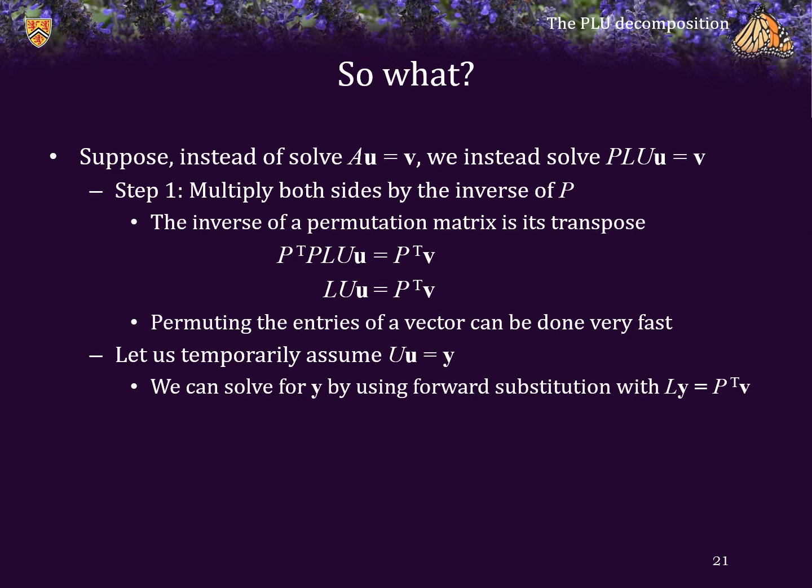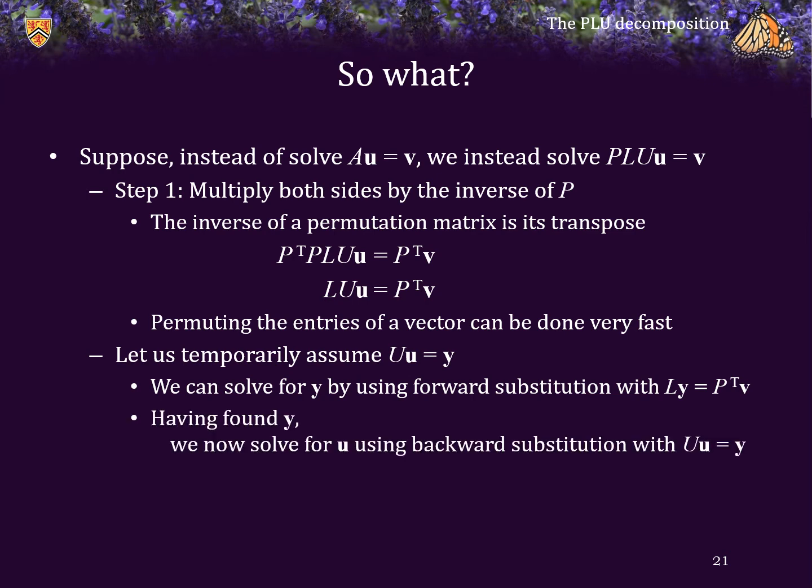Okay, so we found Y. Having found Y, we can now solve for the upper triangular matrix times the unknown vector equaling the target vector. Well, that's easy enough too, because U is already an upper triangular matrix and is therefore in row echelon form.